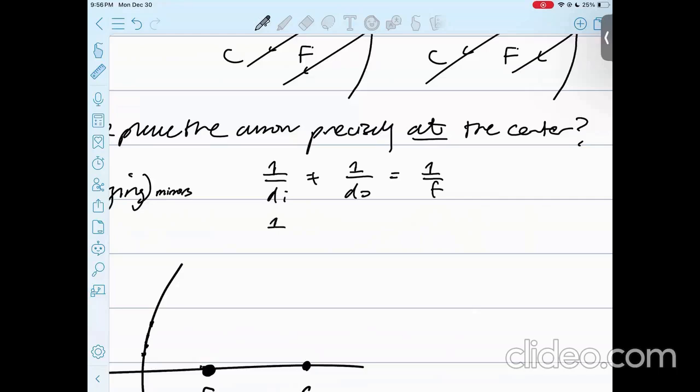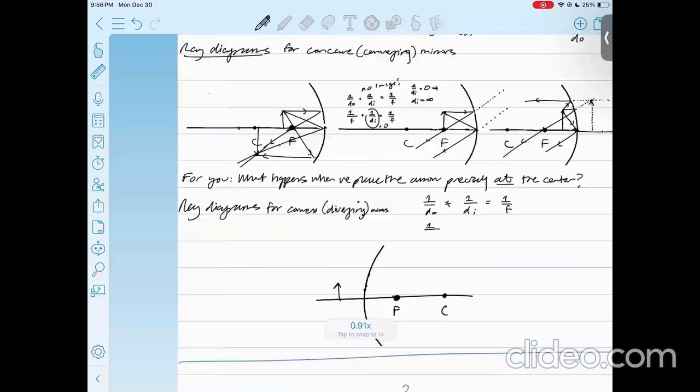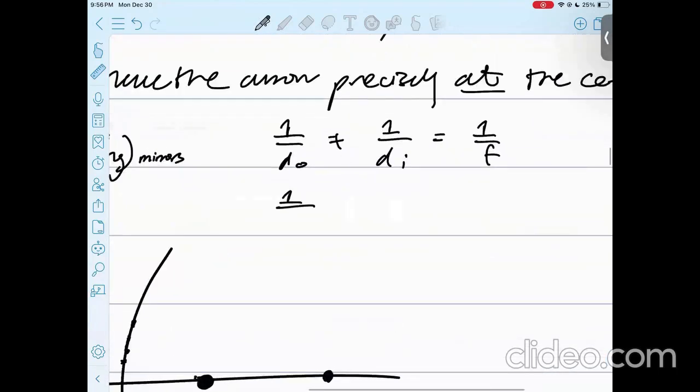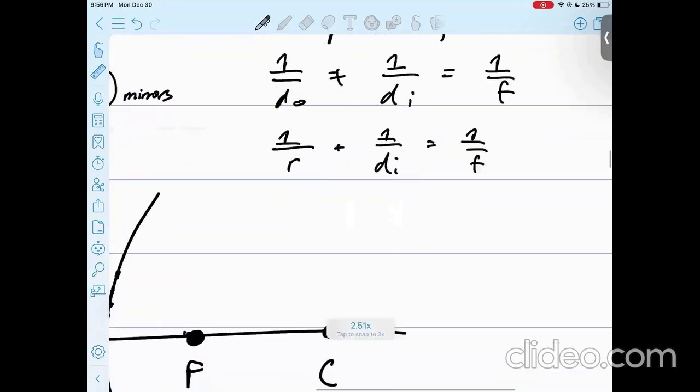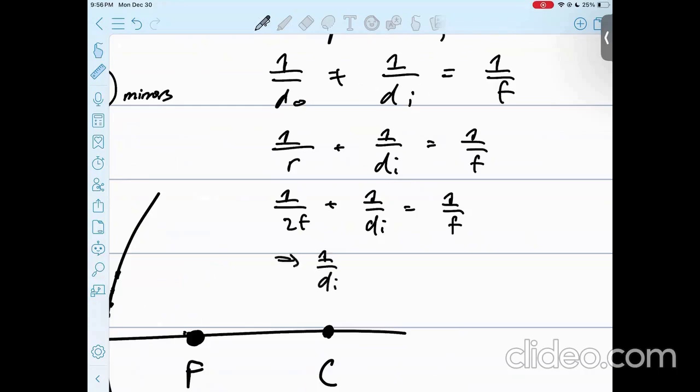So if I place the object, well, let's write it like this. I place the object at the radius of curvature away from the mirror. I know that 1 over r is 1 over 2 times the focal length because the radius is twice the focal length. And so that means that the focal length, by some easy algebra, is 1 over 2f.